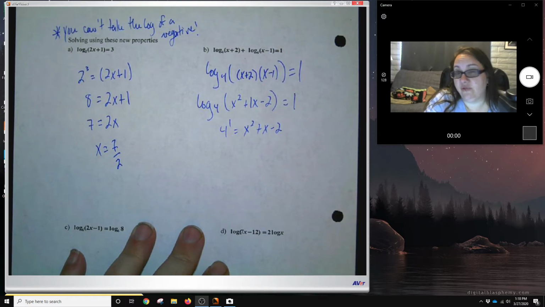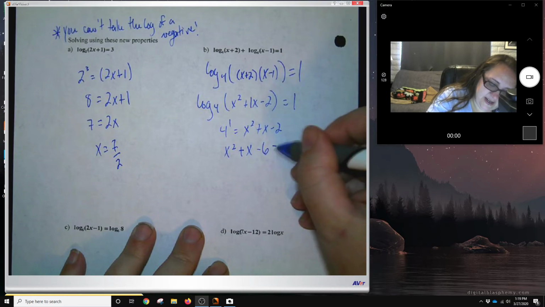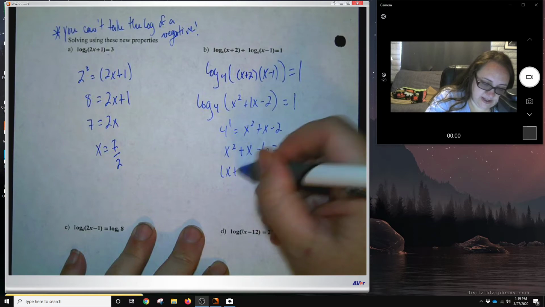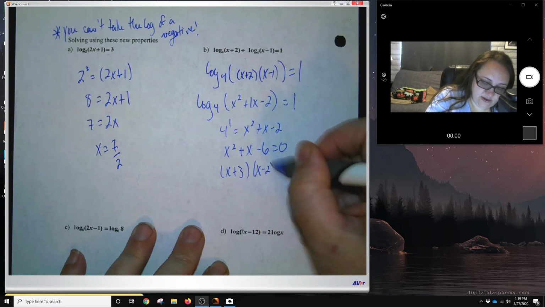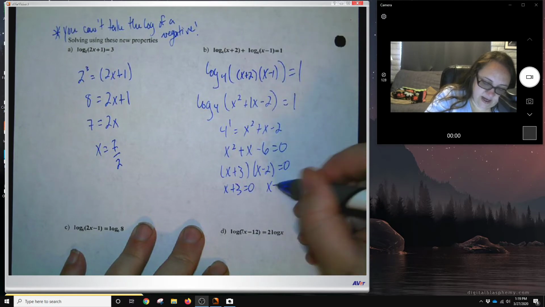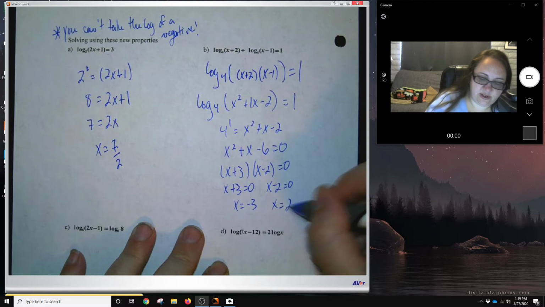Well, 4 to the 1 is just 4, so I'm going to subtract the 4 from both sides. X squared plus x minus 6 equals 0. That factors to x plus 3, x minus 2. So then x plus 3 equals 0, x minus 2 equals 0, x equals negative 3, x equals 2.